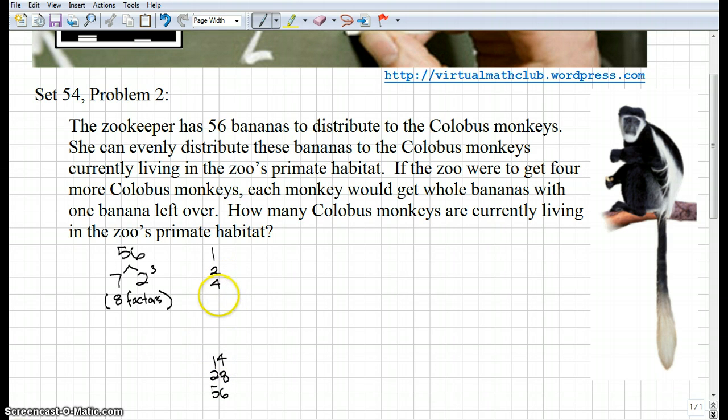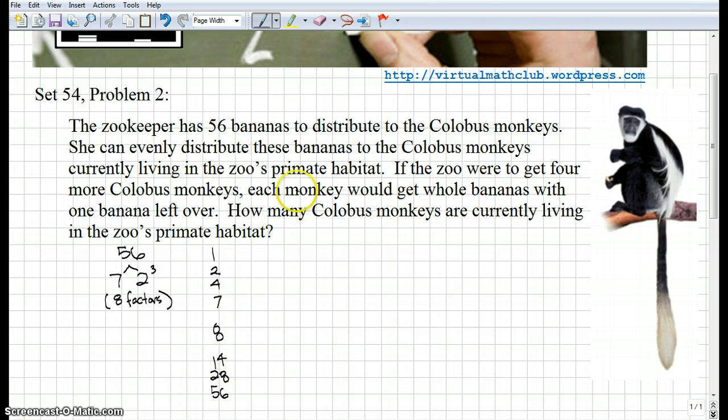And then I can also divide it by 7 and 8. Okay, so those are our 4 factor pairs for 56. So the number of monkeys in the primate habitat is one of these numbers. It's either 1, 2, 4, 7, 8, 14, 28, or 56.